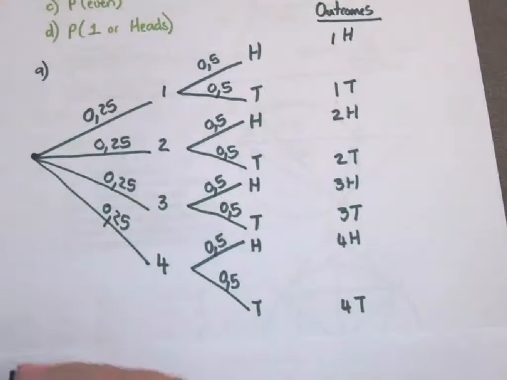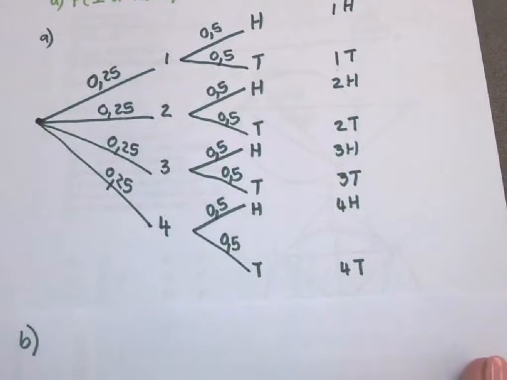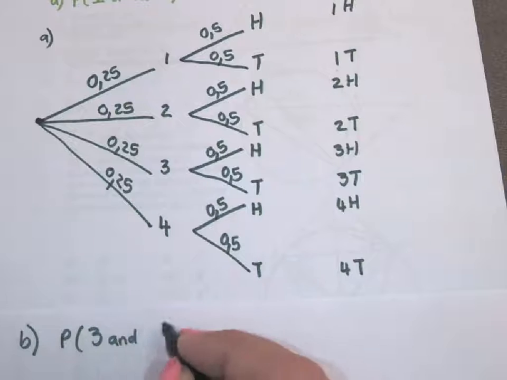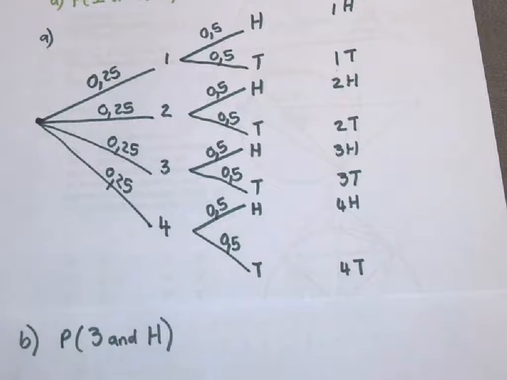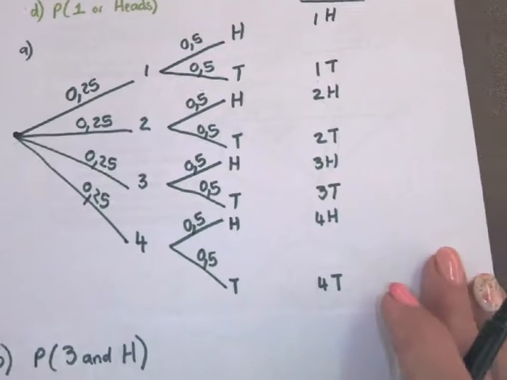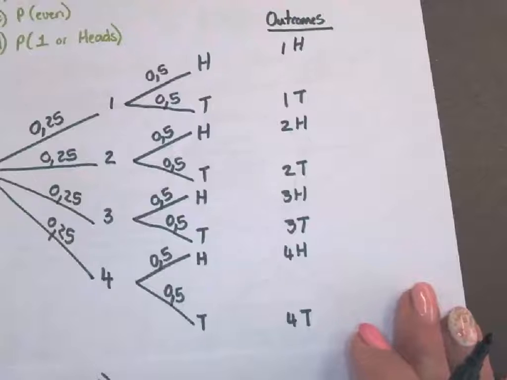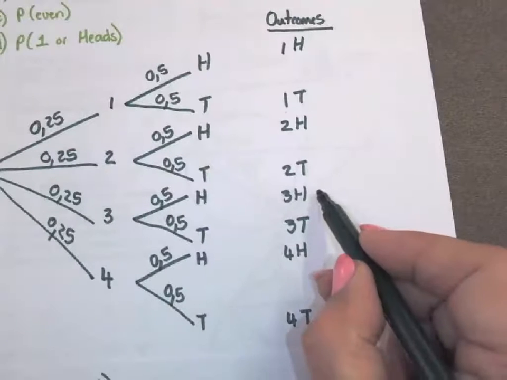Question B, the probability of getting a 3 and heads. And now we have to look for 3 and heads. There's 1.